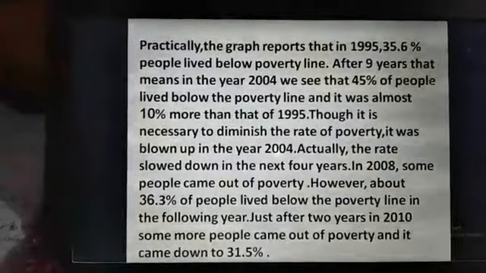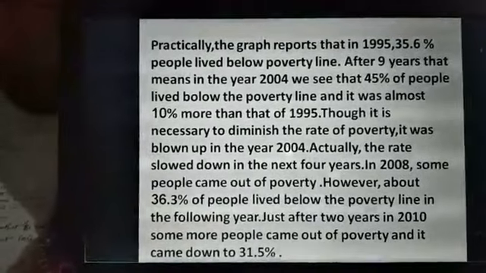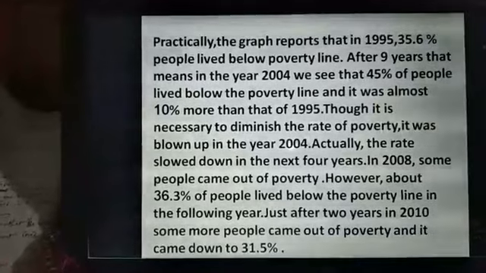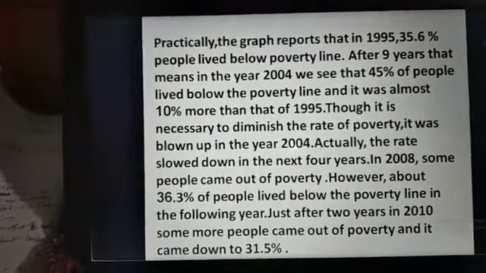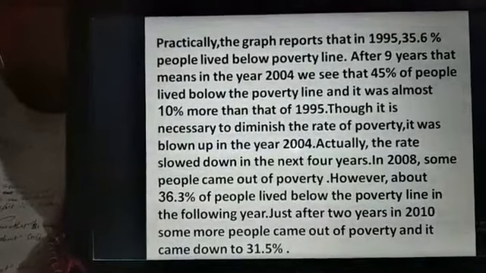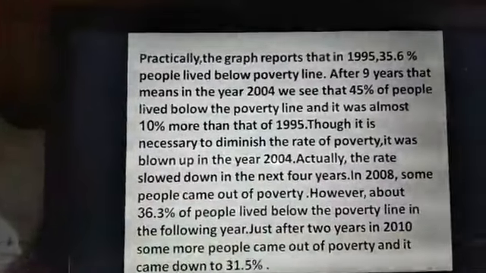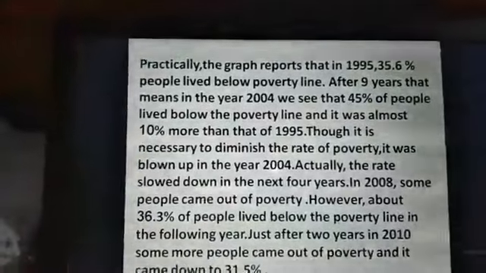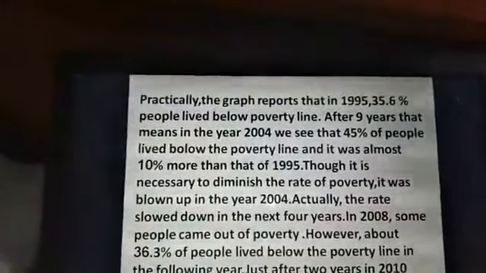After 9 years, in the year 2004, we see that 45% of people lived below the poverty line, and it was almost 10% more than that of 1995. That means in 2004 we find 45%, and in 1995 we find 35.6%. If we subtract, we find more than 10%.